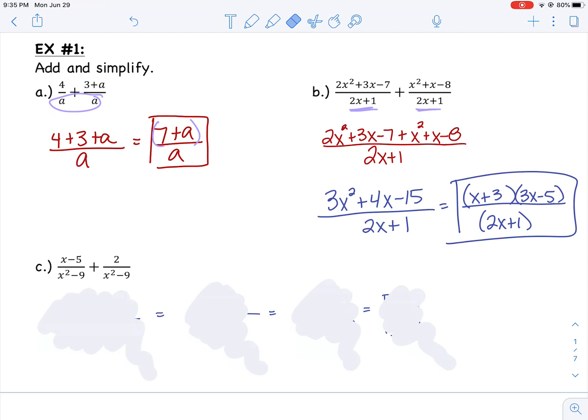You might have to do that off to the side to double check if that's right. The denominator is already factored into a 2x plus 1. You notice that there is no common factor between my numerator and my denominator, so I would just have to leave it like that. So really this would have been an acceptable answer because there's no other GCF or factors that we could factor. But you wouldn't have known that unless you actually factored it out. So I highly suggest you factor it, and you can leave it like this too if you need to.